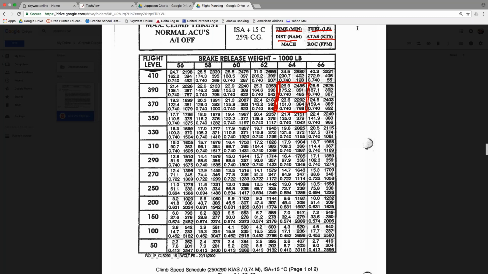Okay, what is our fuel? 2,388. Okay, and our speed? 387. Okay. So now we have our top of climb. Okay.